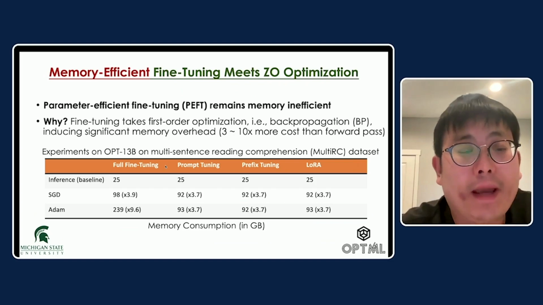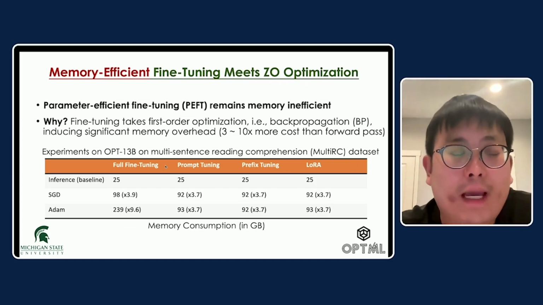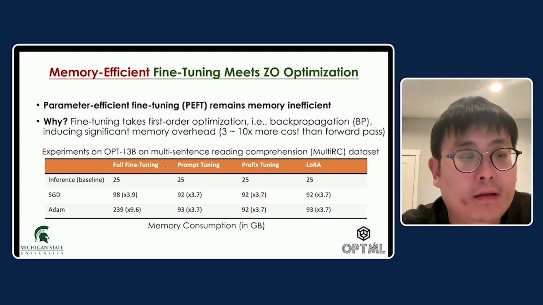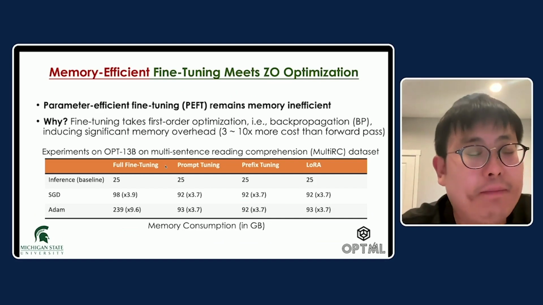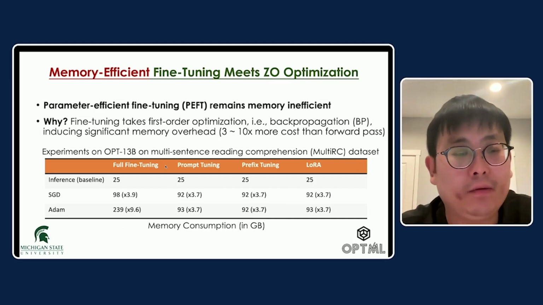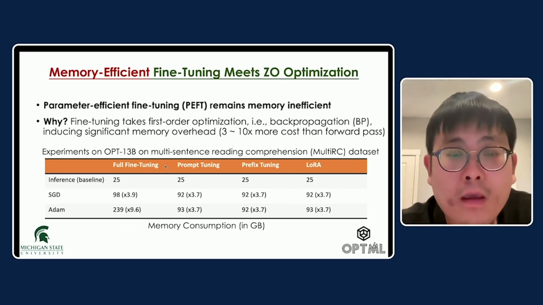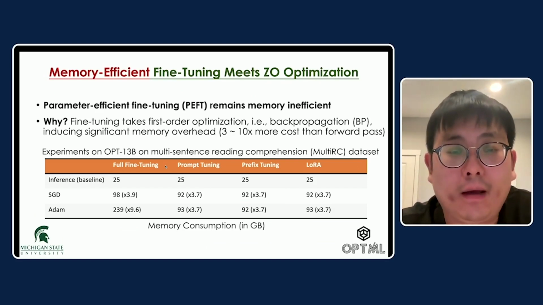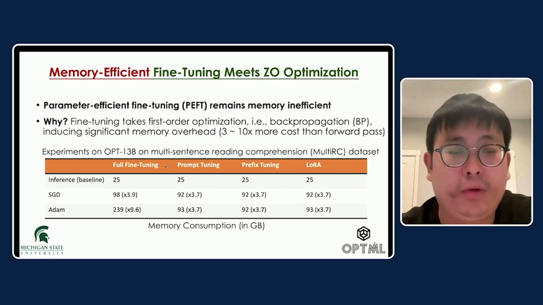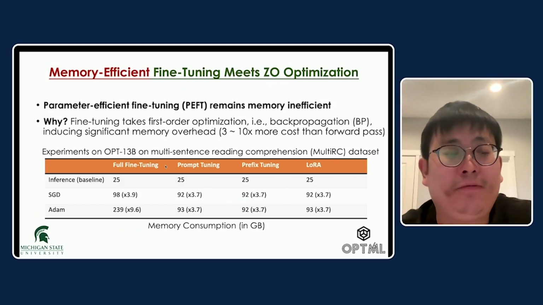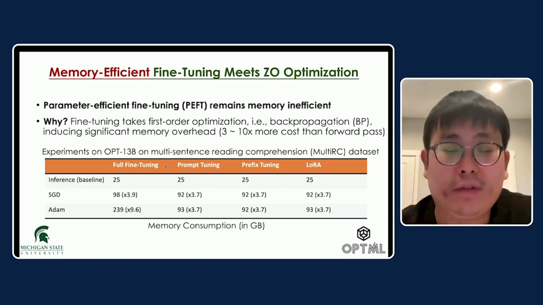And similarly, Adam even takes a higher memory cost because Adam uses the so-called adaptive learning rate and momentum to speed up and stabilize the optimization process during model training. So therefore, it takes even higher memory cost. And one thing you can notice is that even with parameter efficiency, like LoRA, prefix tuning and prompt tuning, the memory cost for the first-order method is still huge compared to the inference cost.